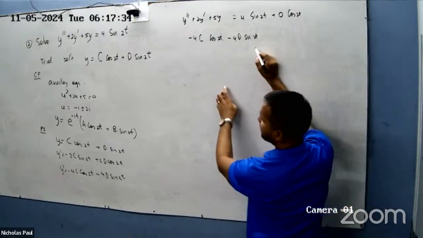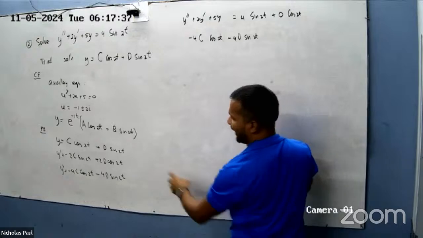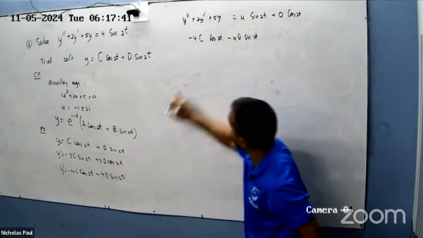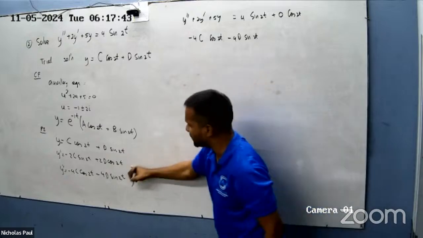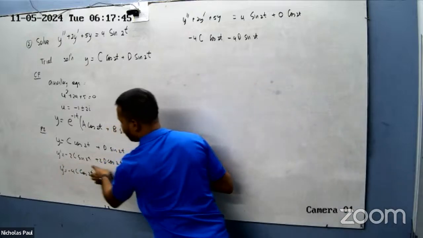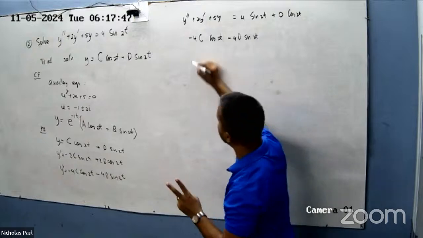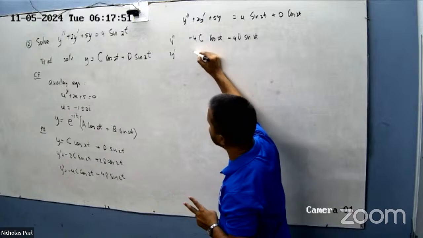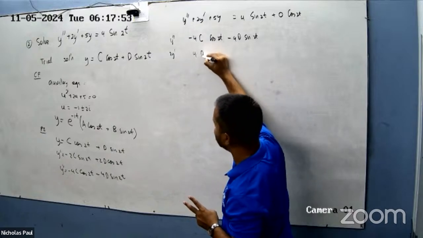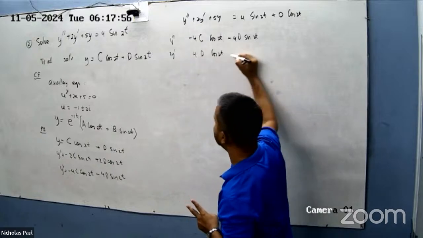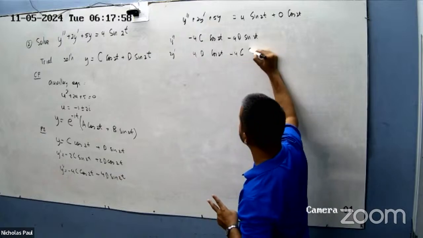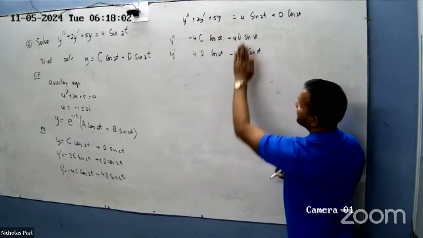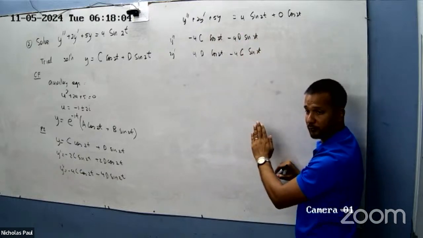Now I am going to write 2y prime, but I'm going to line up the cos 2t's with the cos 2t. So 2y prime will be equal to 4d cos 2t minus 4c sine 2t. So I just line up all the cos, I line up all the sine. That's okay?